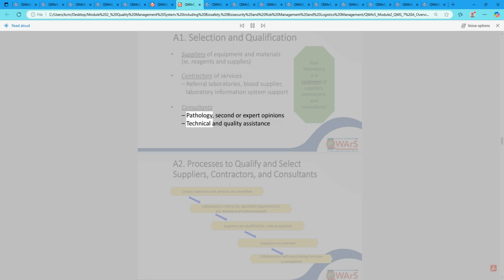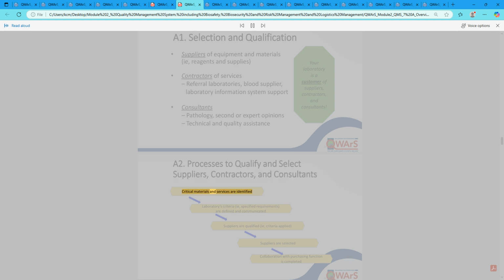Consultants: pathology, second or expert opinions, technical and quality assistance. Your laboratory is a customer of suppliers, contractors, and consultants. 2. Processes to qualify and select suppliers, contractors, and consultants.